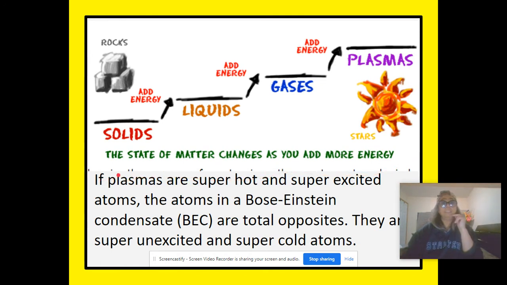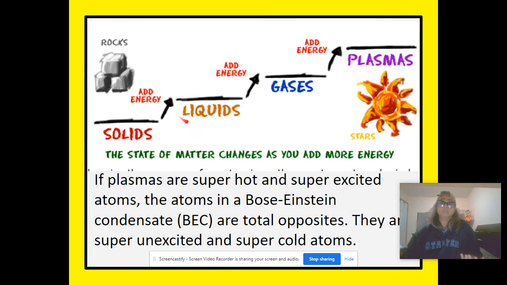So remember that the state of matter changes as you add more energy. And you can really see that in real life situations, right? Let's say you have ice, for instance, in a bucket. After a while, what happens? It melts and turns into a liquid.